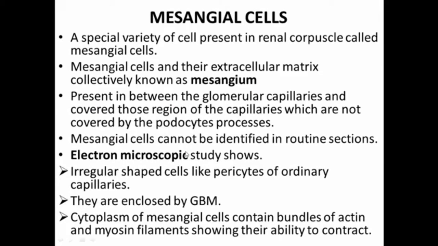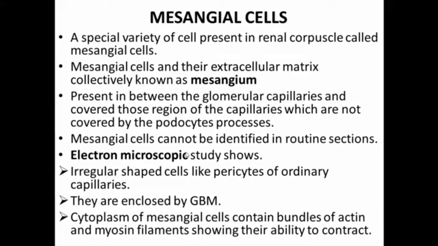Okay, now to repeat, I have written all these things just to help you remember them. A special variety of cell present in renal corpuscles, called mesangial cells, and their extracellular matrix are collectively known as mesangium. These are present between the glomerular capillaries and cover those regions of the capillaries which are not covered by the podocyte processes. I have already shown you that in the figure.